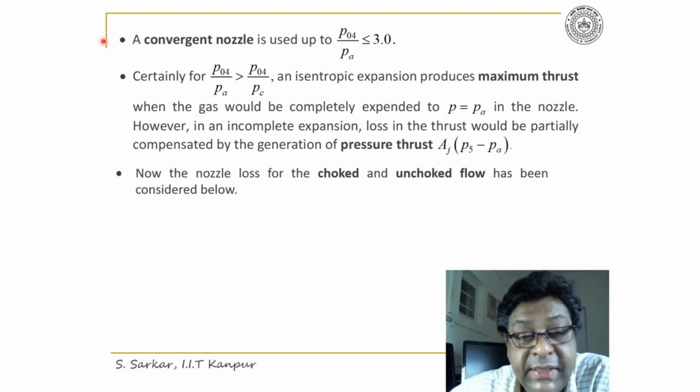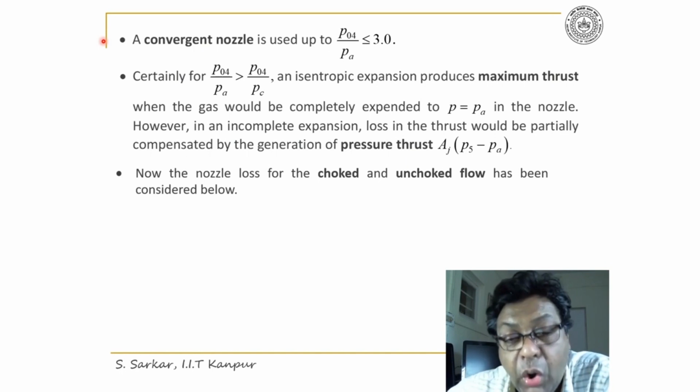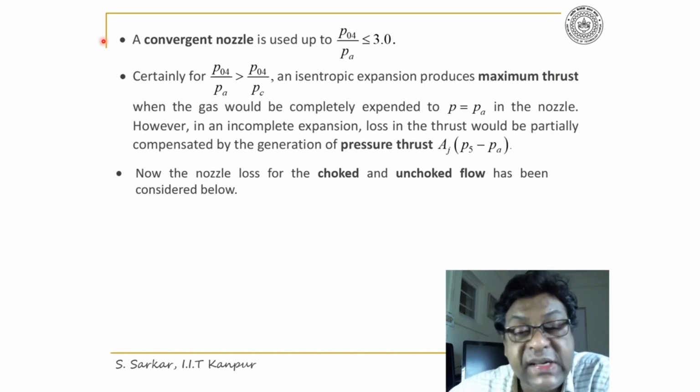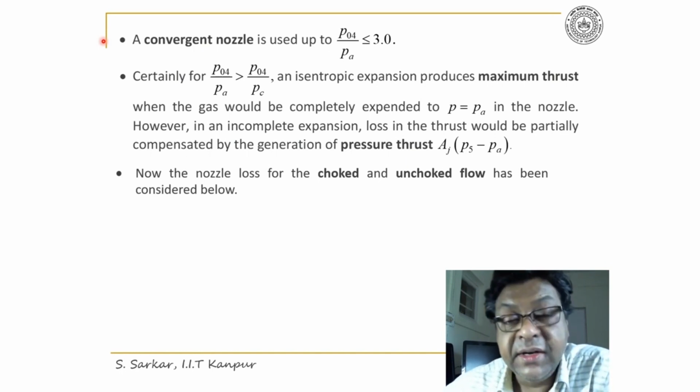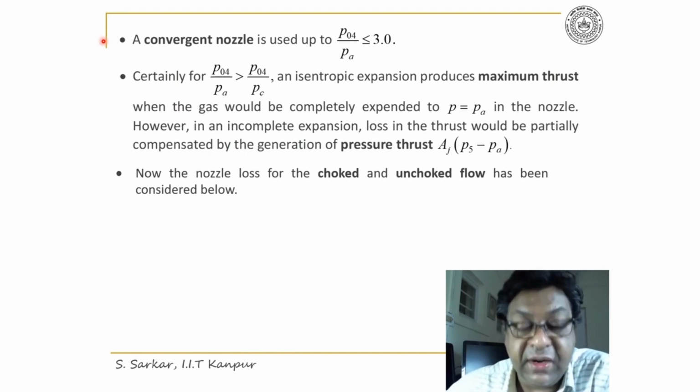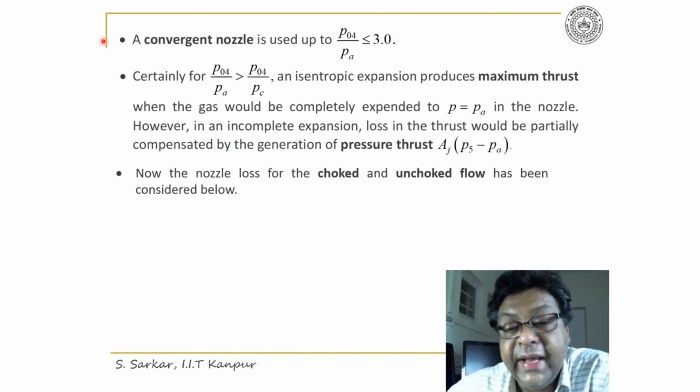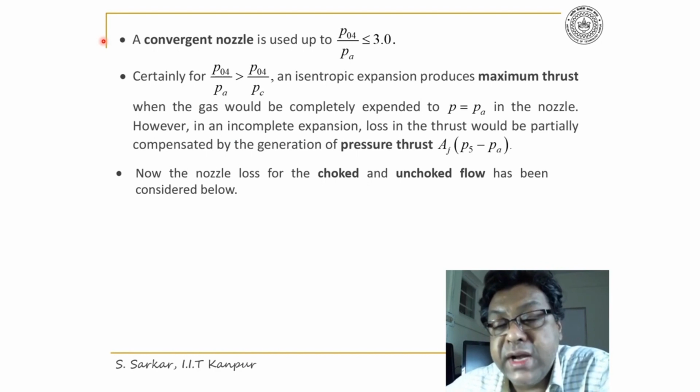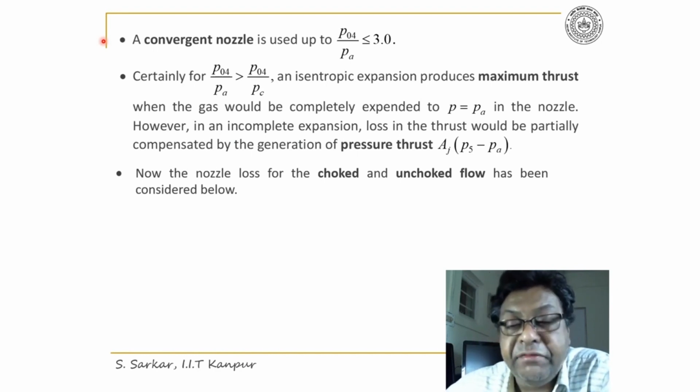However, in an incomplete expansion, the loss in thrust would be partially compensated by generation of pressure thrust, that is Aj(P5 - Pa), because here P5 would be greater than Pa.